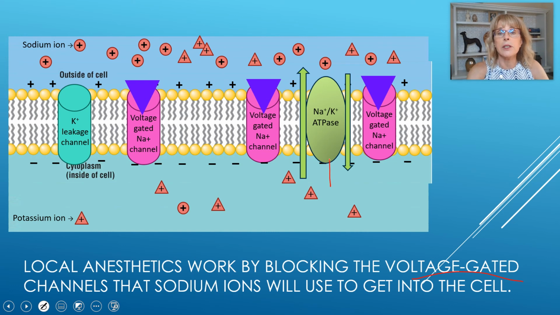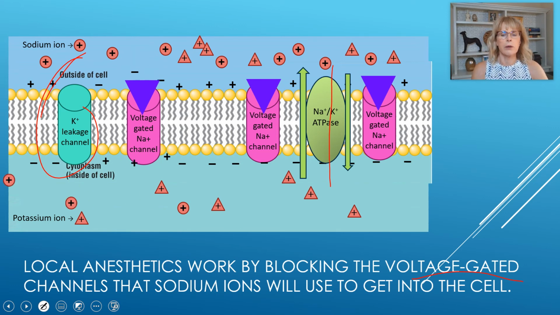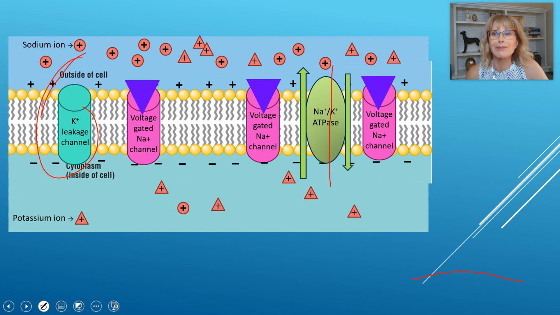So the sodium-potassium pump did its thing. Potassium leakage channel did its thing. And then it's true that the membrane got changed. Oh, sorry. That's not supposed to happen. What's supposed to happen is the sodium tries to get in and it can't get in because the lidocaine is sitting right there in the voltage-gated sodium channel, blocking the way so sodium can't go through.